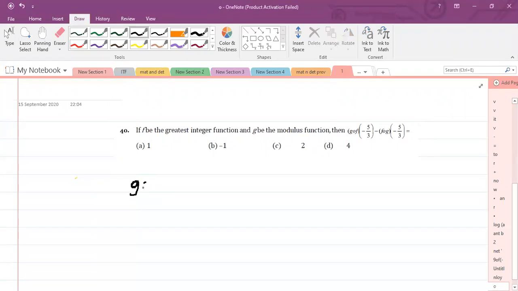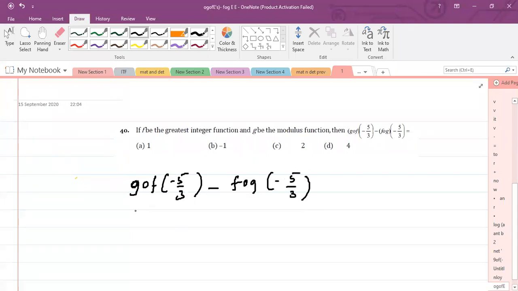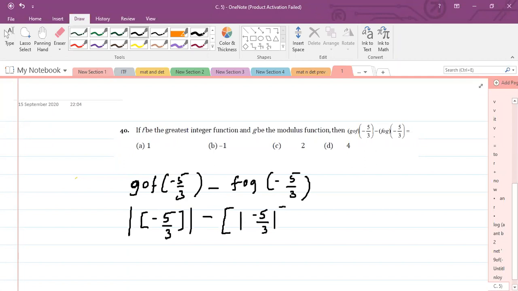So here, gof of minus pi by 3 minus fog of minus pi by 3. First of all, in gof, the outer function is modulus: modulus of the greatest integer of minus 5 by 3, minus the greatest integer of the modulus of minus 5 by 3.